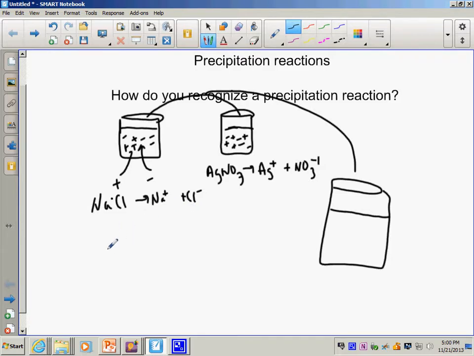We could write it like this. I'm now going to mix this with this, and I would write it out simply like this: NaCl plus AgNO3, and these would be my reactants that I'm mixing together in solution.